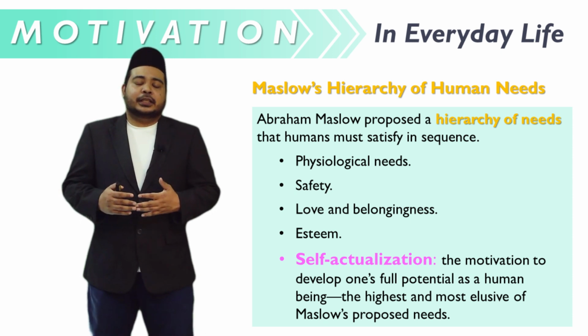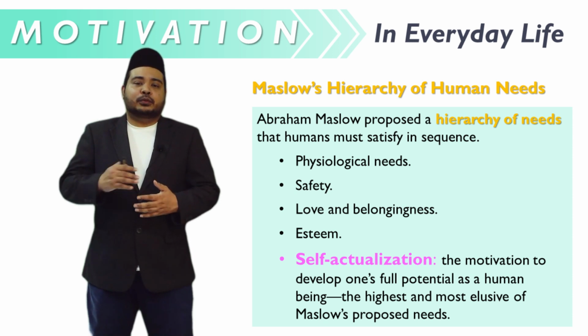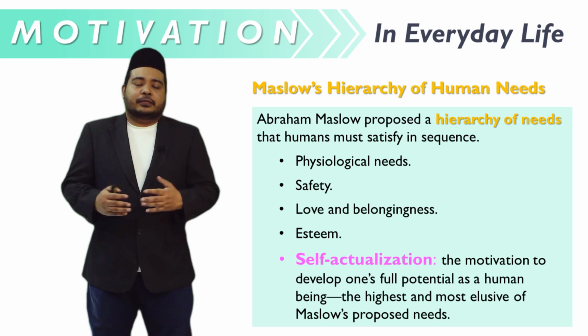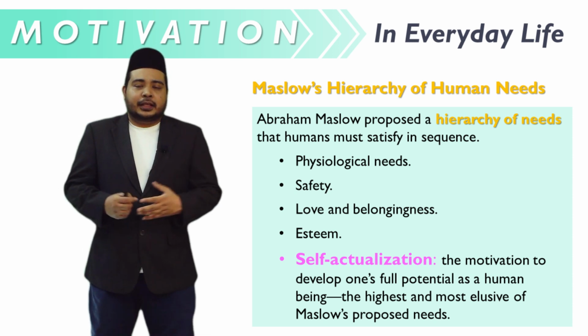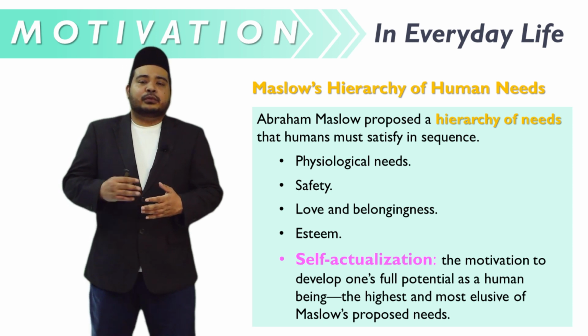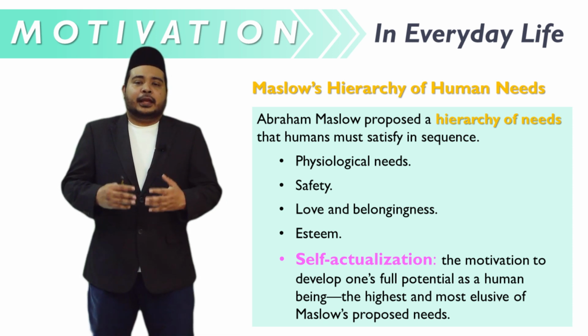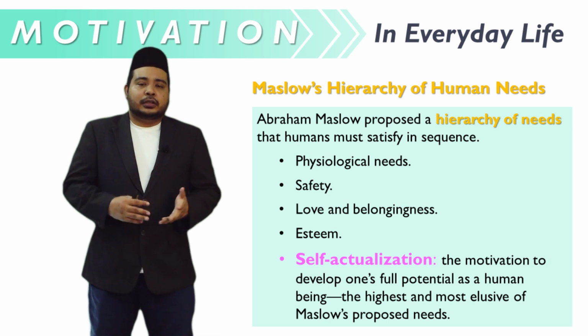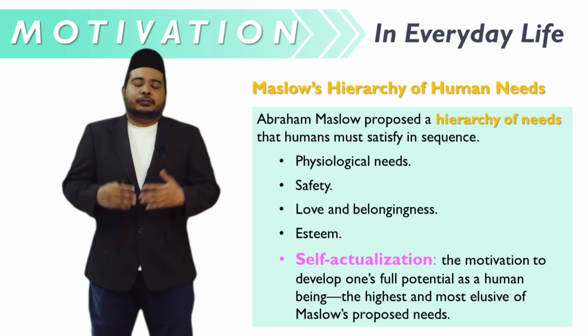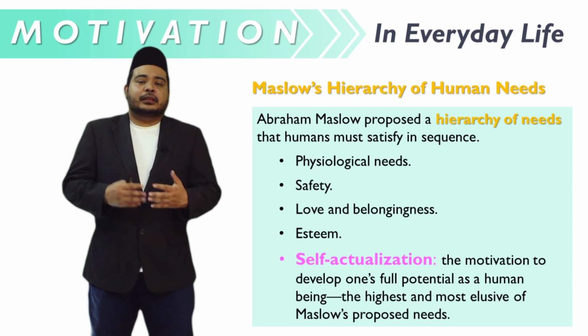Then later they can move on to fulfill their safety needs. And if they are able to create a sense of security in these safety needs, then we will move to look after love and belongingness, to establish relationships, to have a family, to have intimate partners.